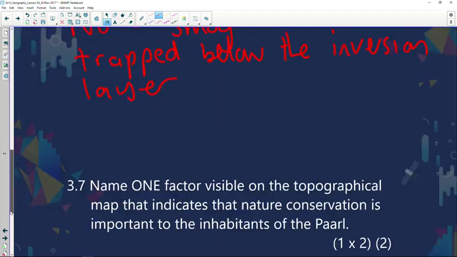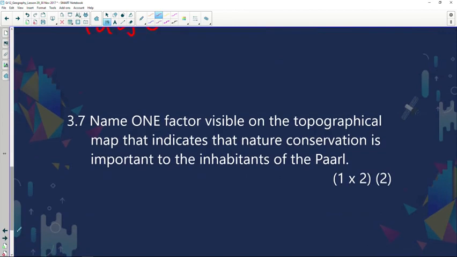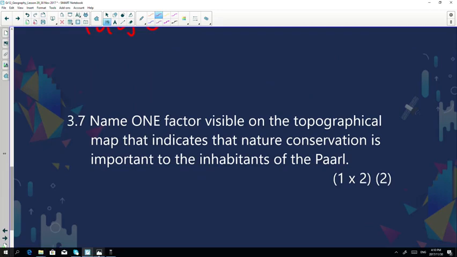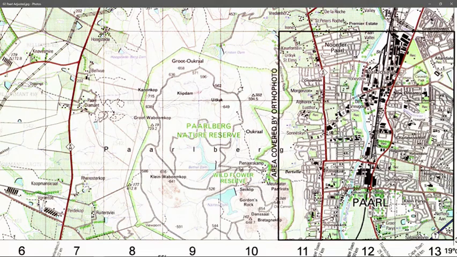If you look at our next question: name one other factor visible on a topographical map that indicates that nature conservation is important to the people living in Paarl. Now, what's conservation? It's to preserve, to look after. Conservation is like the Kruger National Park. It's a national park where we protect fauna and flora. Now let's have a look at our map, and there are quite a few over there.